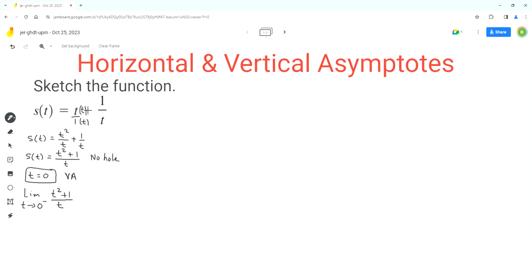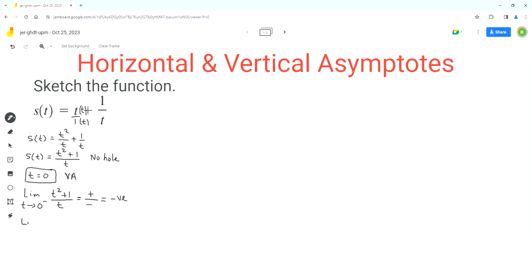Now if we sub in a negative value, because on the left side of 0 the t values will be negative, so the numerator will become positive because t squared will give us a positive value and t squared plus 1 will also be a positive value, but the denominator will be a negative value, so the overall value for this limit will be negative.